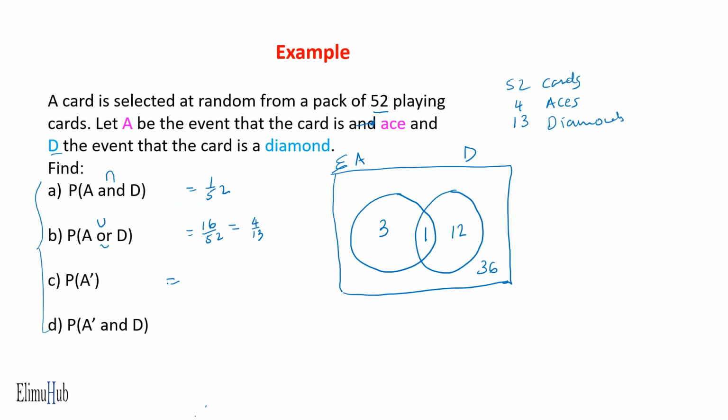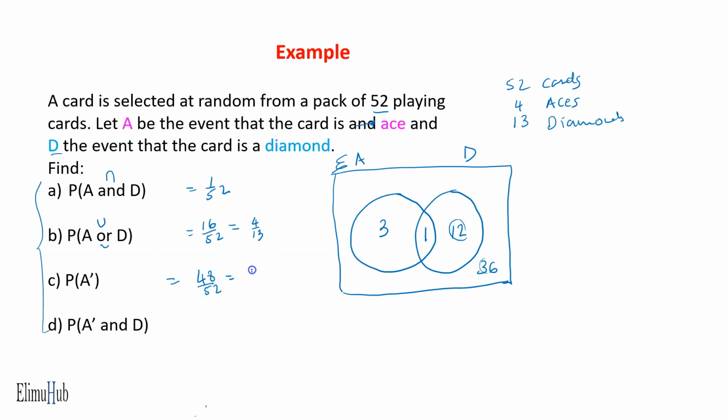What's the probability of not getting an ace? So anything that's not A. Well, anything that's not A is 12 plus 36. If you add that, you will get 48. So that is 48 out of 52.